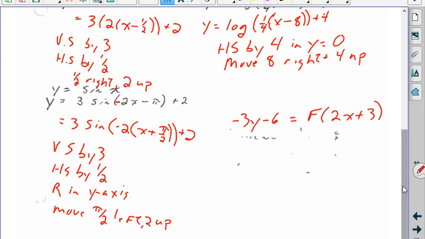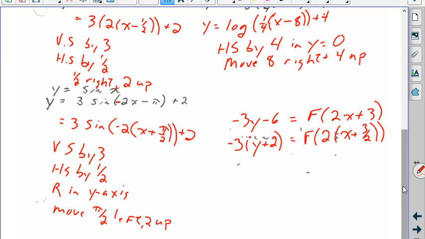If we just ignore the fact that this is not factored here, we're not going to move it up the proper amount, and we're not going to move it to the left or to the right the proper amount. So here we're going to take out a common factor of -3. That gives me y plus 2. Take out my 2 here, giving me x plus 3/2. Yes, I like writing fractions. If you want to put 1.5, you cause me grief, but it won't be marked wrong.